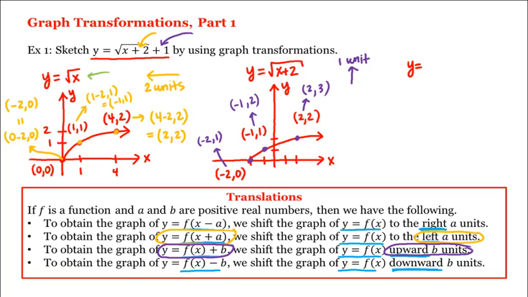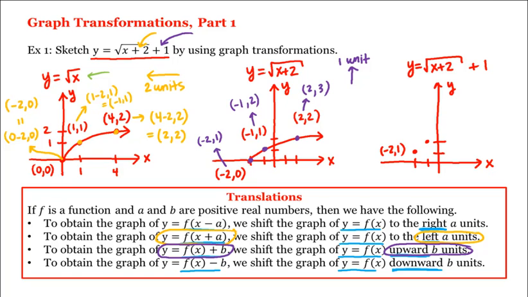That is, we have the following graph of y is equal to the square root of x plus 2, plus 1. So here is the y-axis, and this is the x-axis. The point -2, 0 is moving to -2, 1. So it's here, -2, 1. And the point -1, 1 is moving to -1, 2.